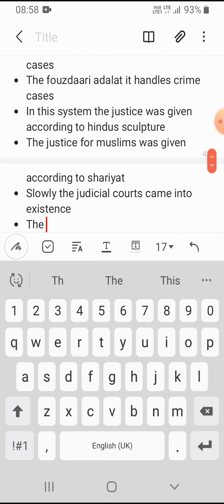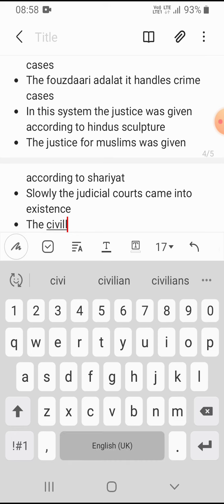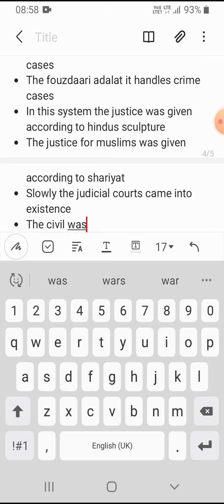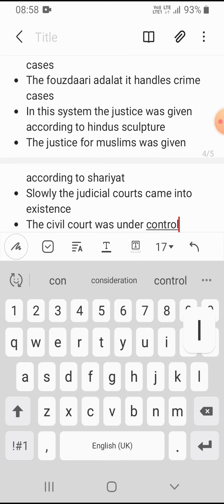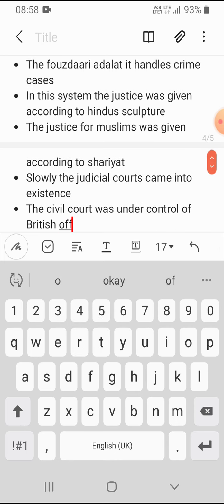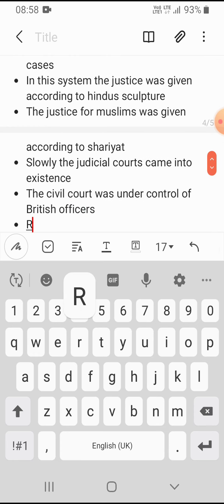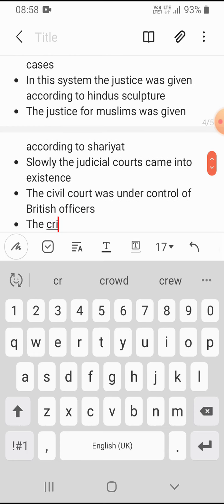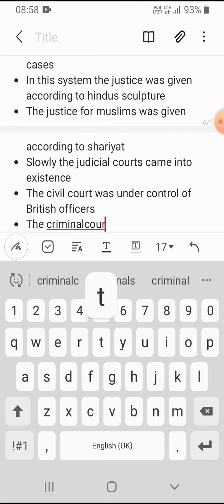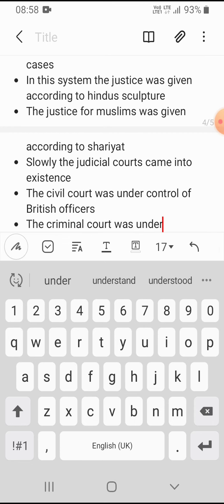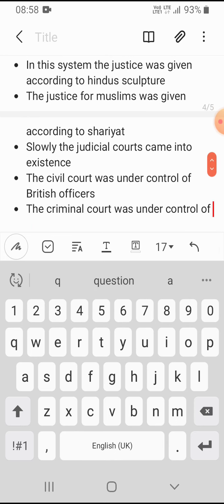The civil court was under the control of British officers, and the criminal court was under the control of Qazis.